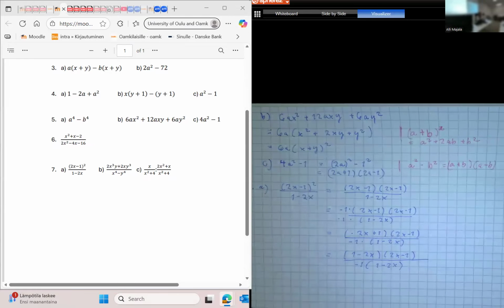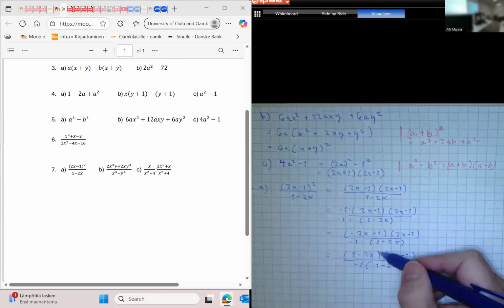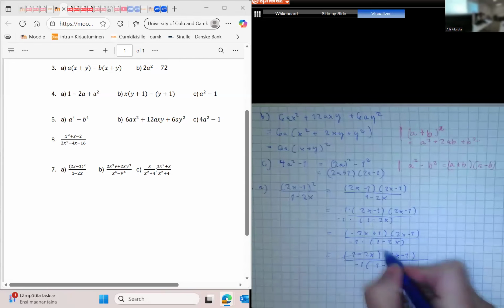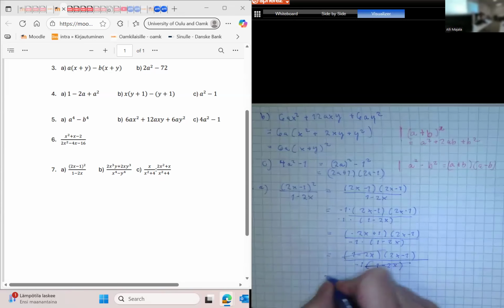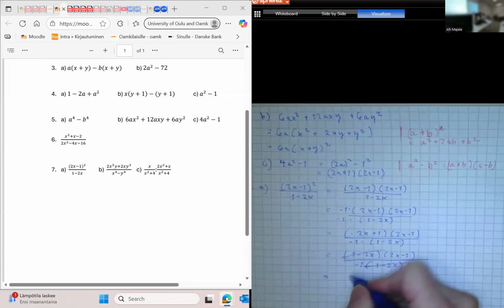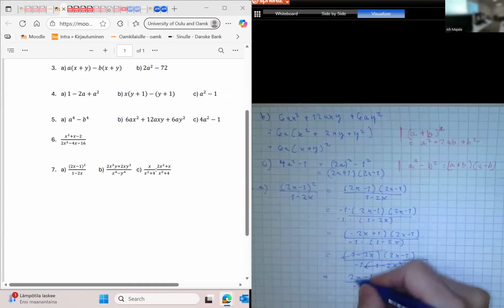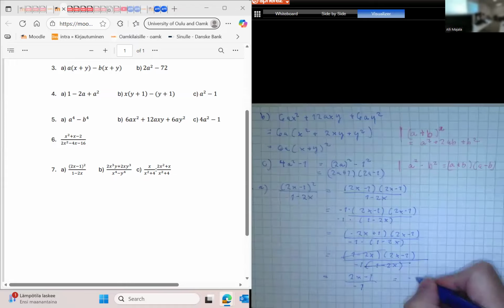Okay, now I've got to the point where I have the same under and on top of the line, yes? Yeah. And I can take it out. And now I have here 2x minus 1 and here -1. Yeah. So now if I divide this by -1, I divide this by -1, I would get -2x.